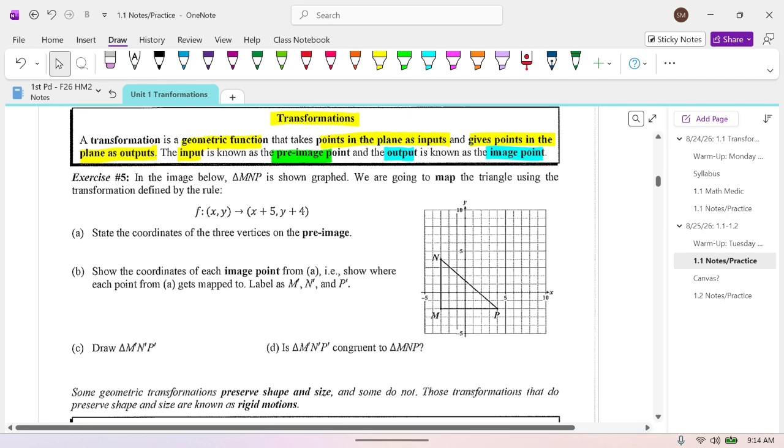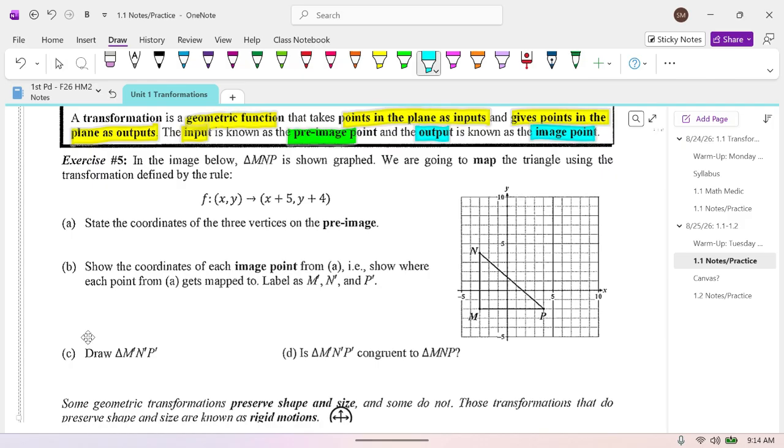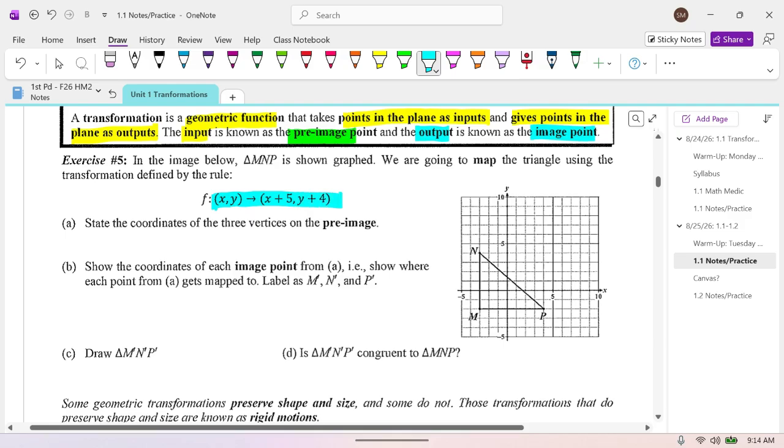All right, so take a minute and on your own, I want you to answer A through C. Okay, don't do D yet. I just want you to do A through C. So state the original, find the new based on the new function, which they gave you here, graph it, and that's it. That's all I want you to do.